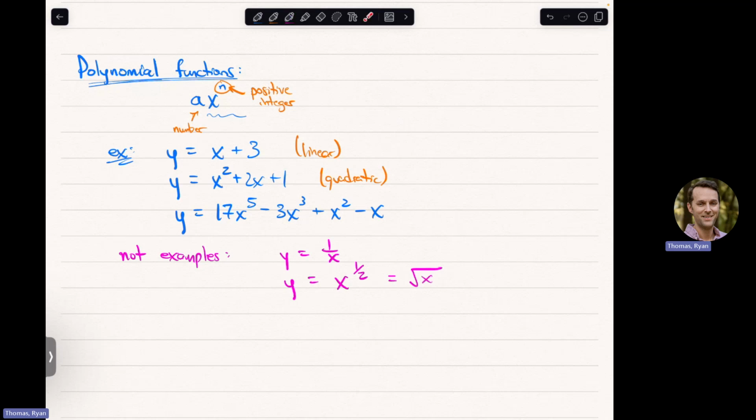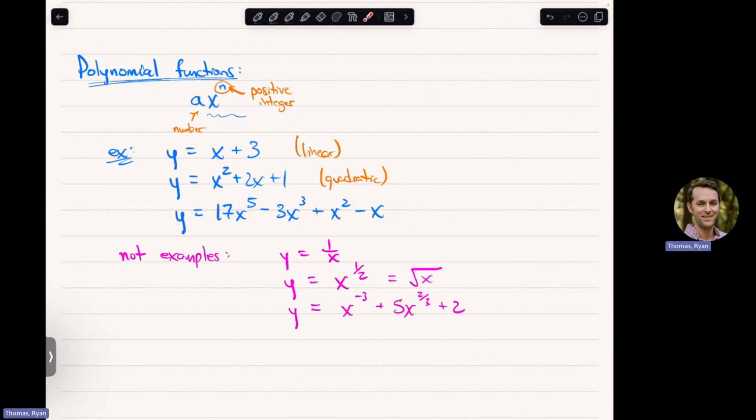So our variable is not going to show up in the denominator. It's not going to show up inside any kind of a root. Or combinations of those things. So that's not a polynomial either, because this power is a negative number. This power is a fraction, and we're looking for positive whole numbers.